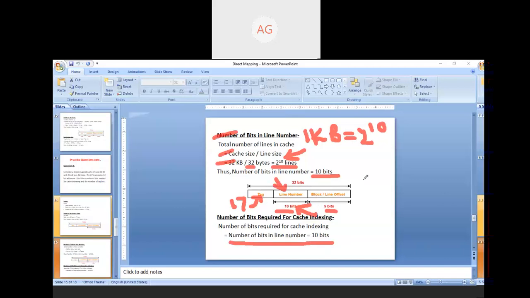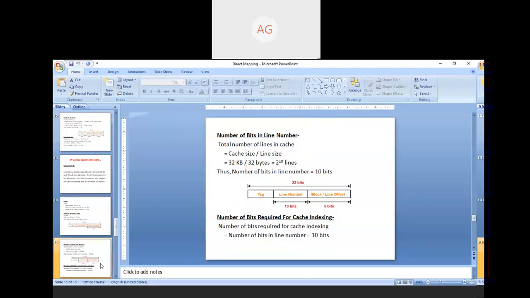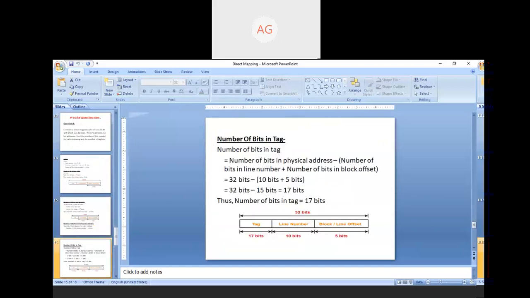So we are moving to the next slide. As we know, 10 bits are required for the cache indexing. The number of bits in the tag, as we already found, is the number of bits in the physical address, which is 32 bits, minus the number of bits in line number, which is 10 bits, plus the number of bits in block offset, which is 5 bits.